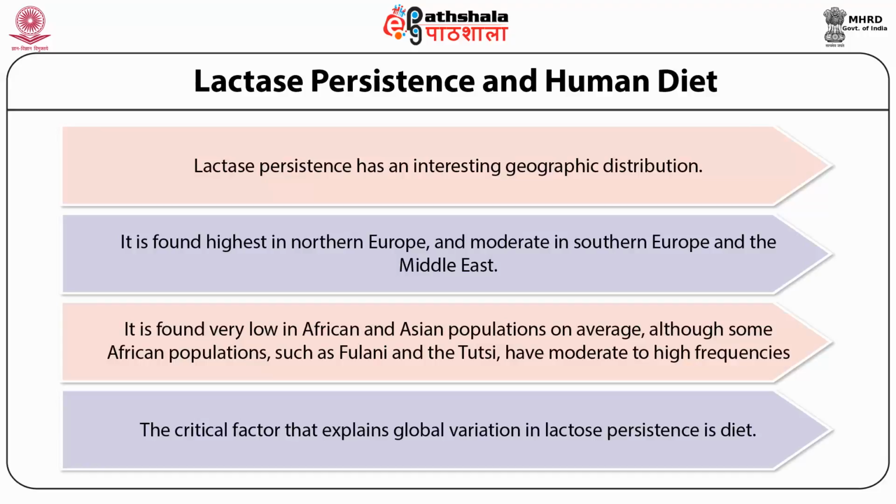Populations engaged in dairy farming tend to have a higher frequency of the lactase persistence allele. This can very well be explained by natural selection, where lactase persistence was selected for in the populations engaged in dairy farming because of the nutritional advantage among individuals who are able to digest milk.